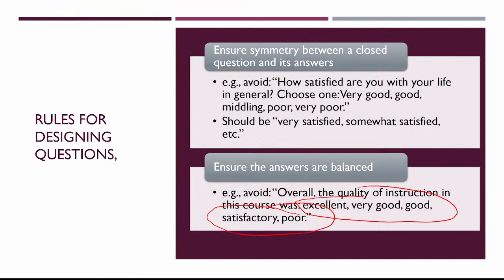So better would be to have two good ones, a neutral one, and then two bad ones: very good, good, neither good nor bad, somewhat poor, very poor, right? Satisfactory can even be kind of good. You want to make sure that it's balanced so that the scale isn't tilted in one way.